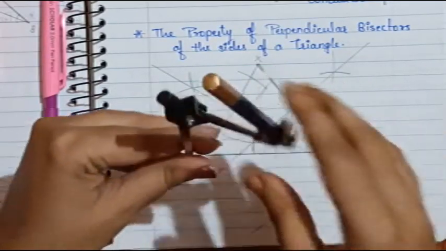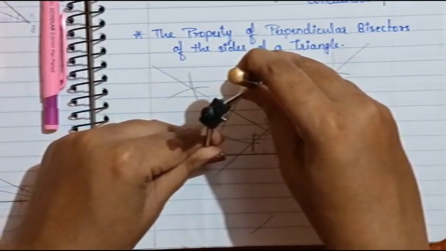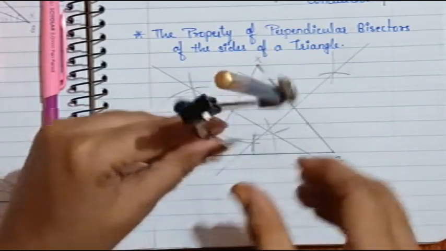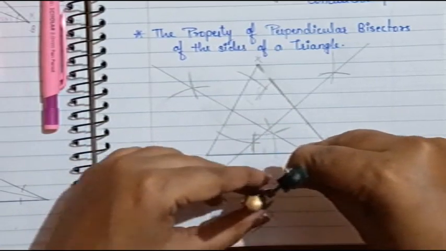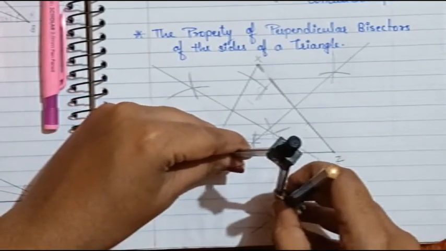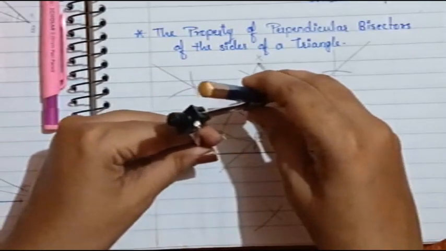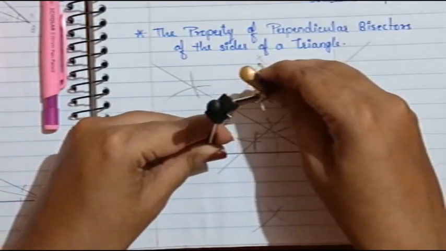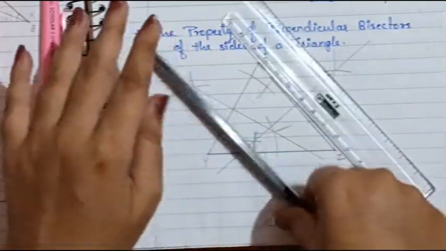Okay, and from here, point Z, I'll enlarge this arc. Okay, from here also I'll enlarge it a little bit. Okay, firstly I'll join this.